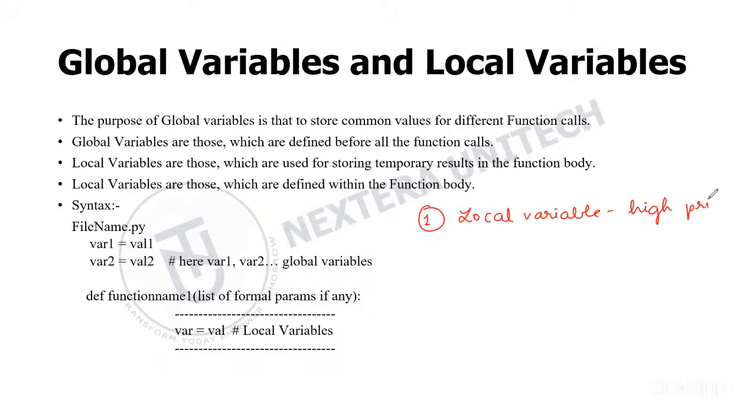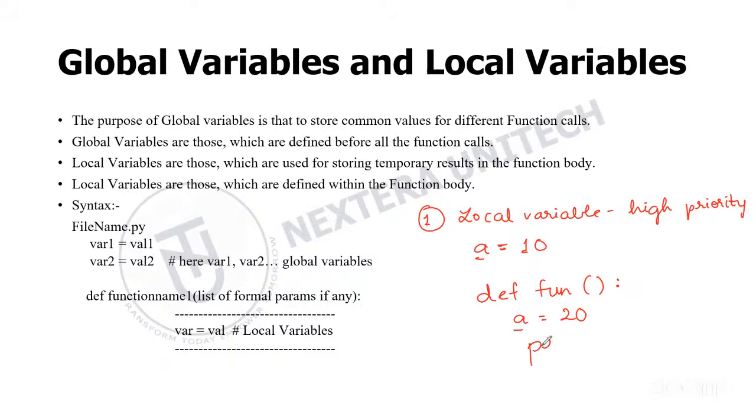Let's say we have a variable a in the global scope, so this is a global variable, and I define some function fun. In this function also I have a variable a. If you see here, the names are clashing, right? We have the same name variable.